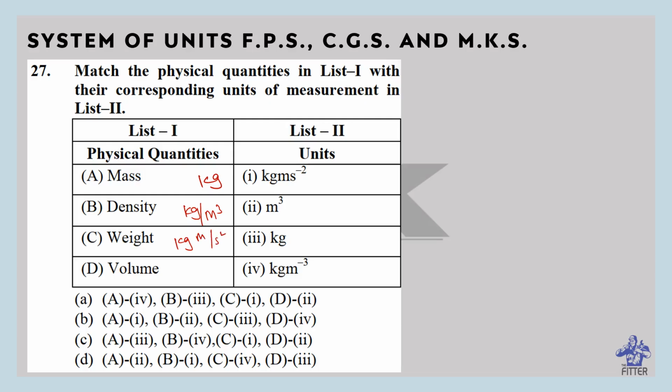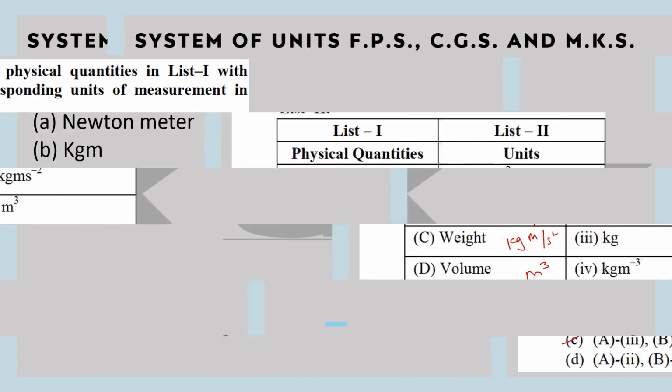Volume is meter cube. So here, A is 3, density 4. Option C is the right answer.